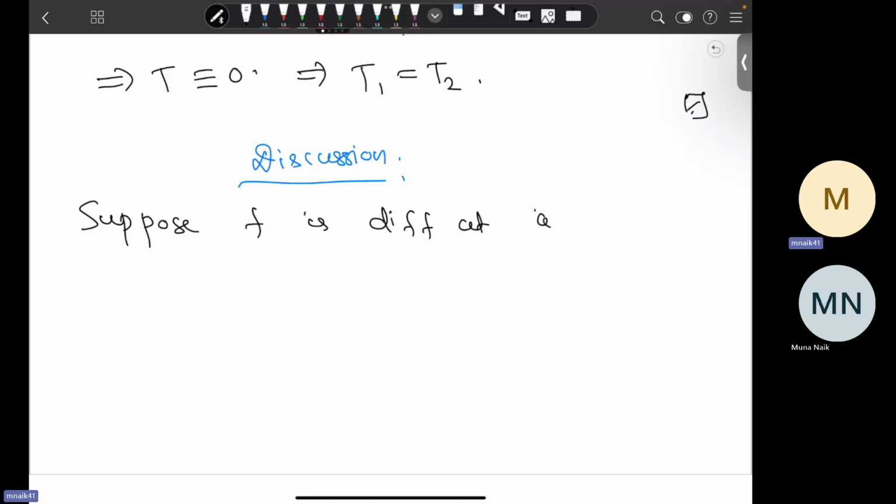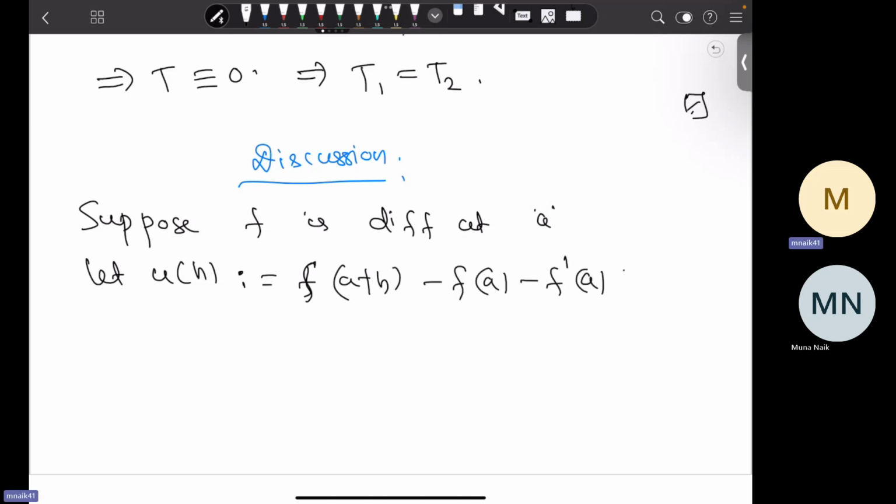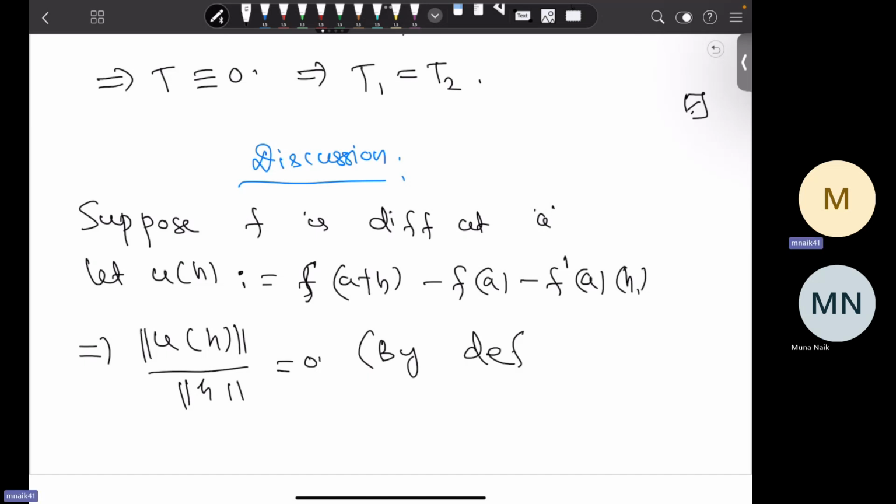What does that mean? Let u of h be equal to f of a plus h minus f of a minus f prime of a h. So f is differentiable at a implies that norm of u of h by norm of h tends to 0, by definition.